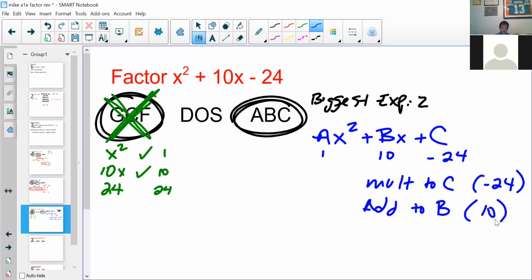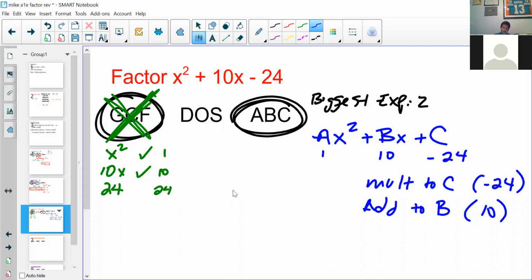Now the C is negative, so we have to have opposite signs here. This is what we went over the week prior to this, so hopefully this is fresh in your mind. The numbers that you should come upon as you're thinking about this: 1 and 24, 2 and 12, 3 and 8, 4 and 6, there's plenty here for 24.